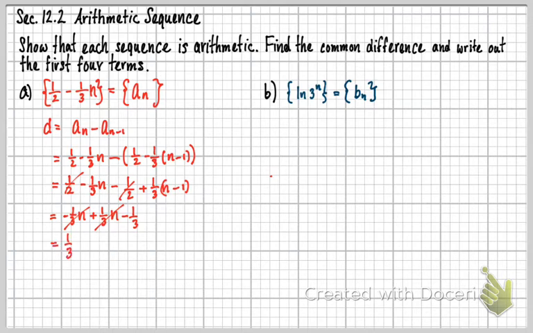And would you guys agree that 1/3 is a constant? That simply means then that this would be an arithmetic sequence for that reason. Now if I had an n left here, that means it wouldn't be a constant anymore. It would change. So therefore it wouldn't be an arithmetic sequence. But since it does, it is. That's how we tell.